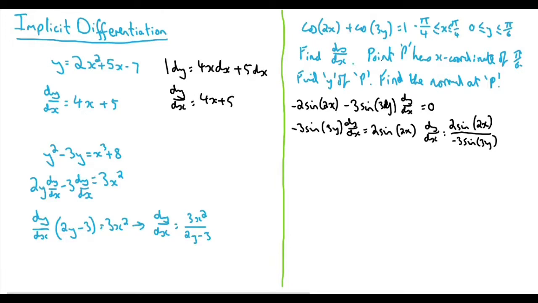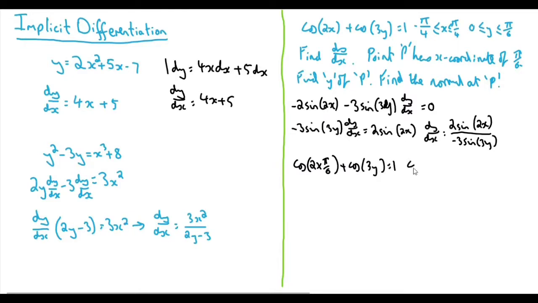Next, now that we have that the point P has the x coordinate of pi over 6, find the y of P. Well, if we were to plug in that cos of 2 times pi over 6, so we're going to want to make sure that we're in radians here, plus cos of 3y equals 1.